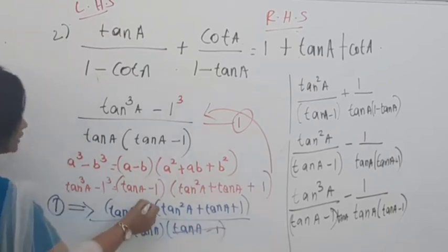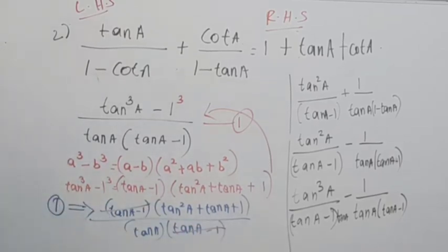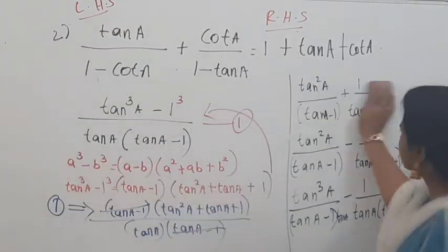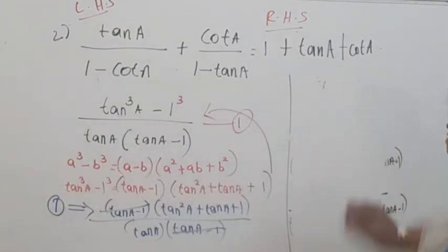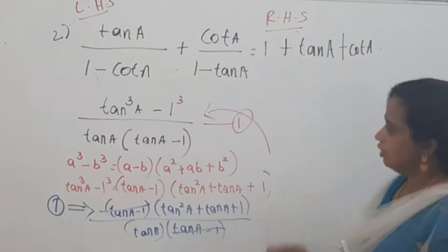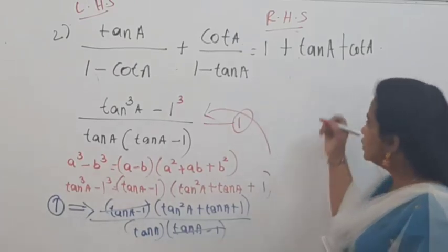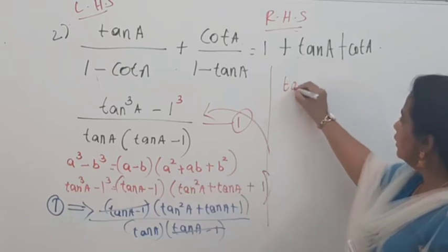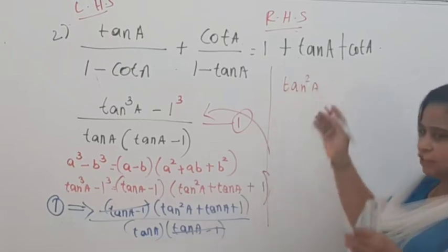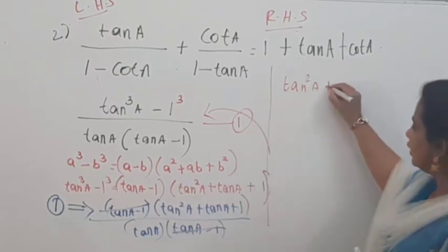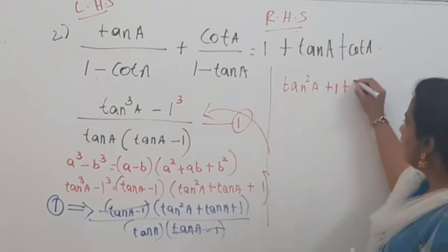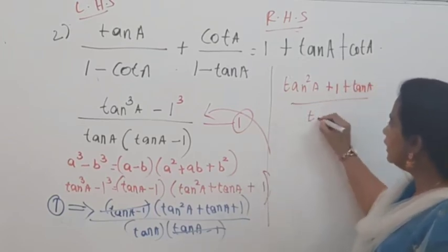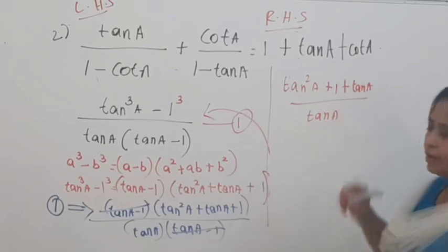So now this gets cancelled. So I have the numerator and the denominator just left like this, which are tan square a plus 1. I just changed the order. Tan square a plus 1 plus tan a divided by tan a. So this I got.